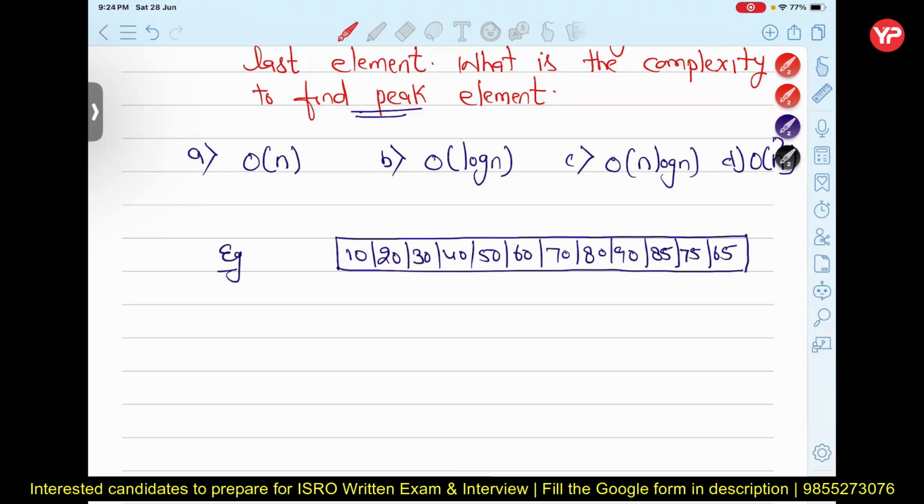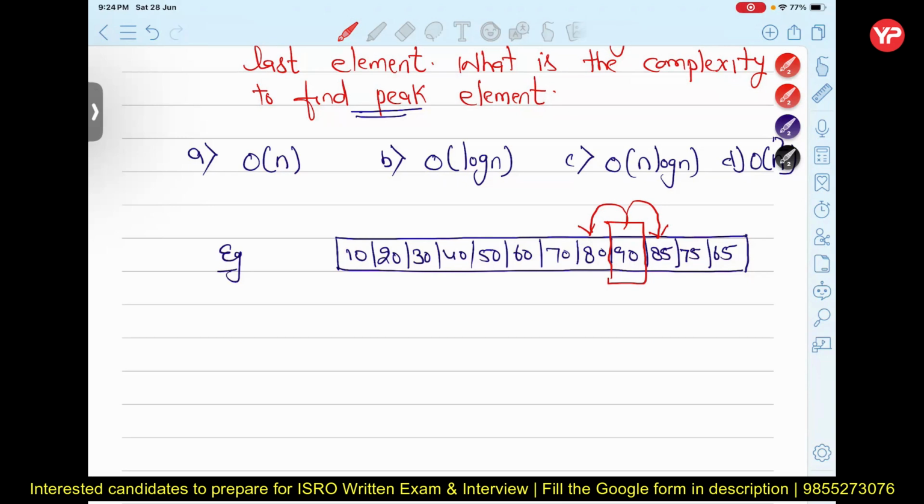I need to find the peak element. The peak element is the maximum element of this array. The property of this element is that both neighbors are smaller than this number, because it is the maximum number of my array.